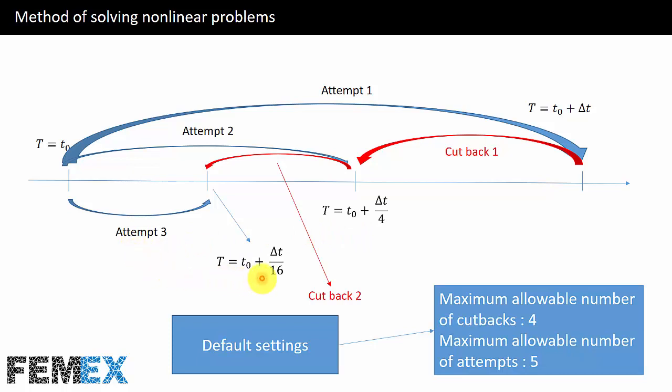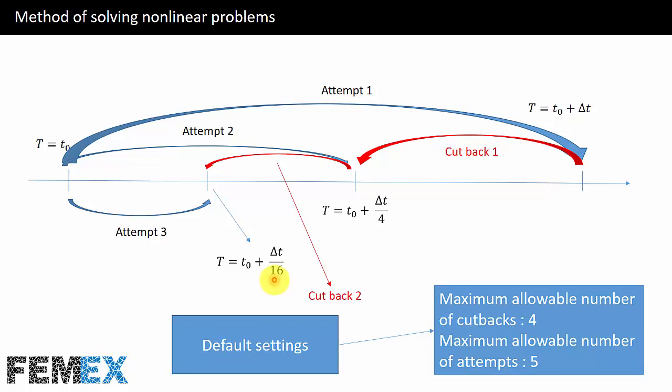And the delta t of attempt 2 will be divided by 4. We have another 4 in this part, and 4 multiplied by 4 will be 16. And the third attempt will be started.